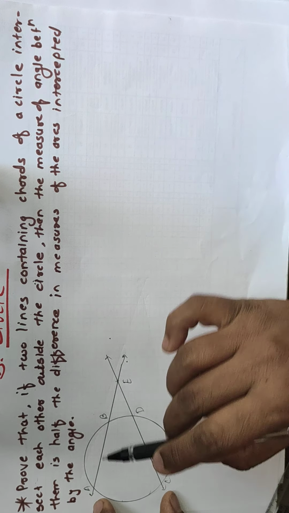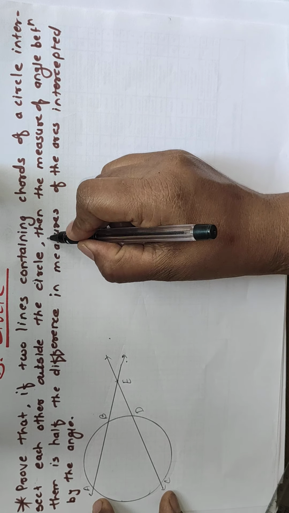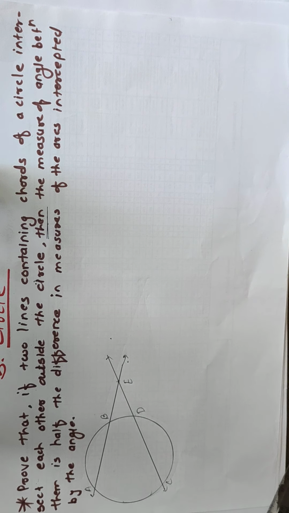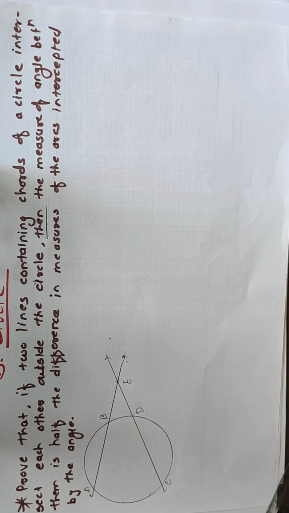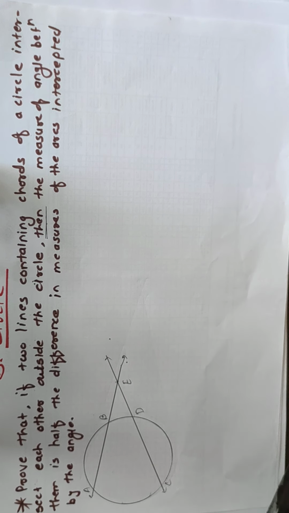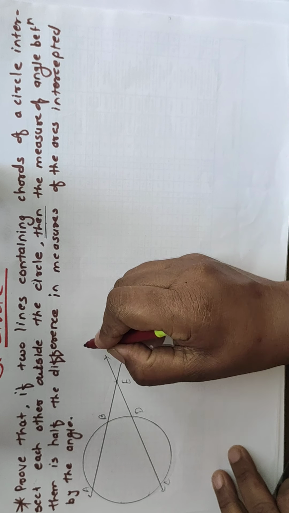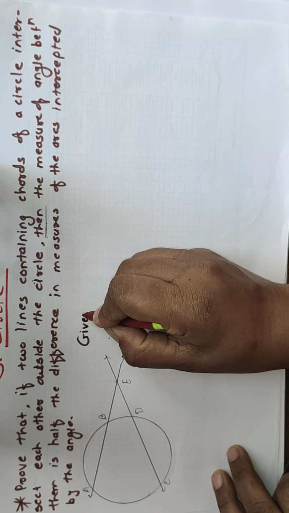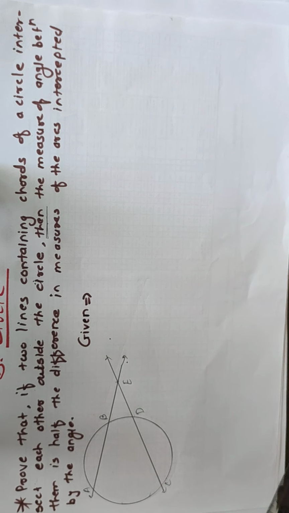then the measure of the angle between them. So till here, what is there? It is the given. First of all we will write the given of the theorem. So what is the given?